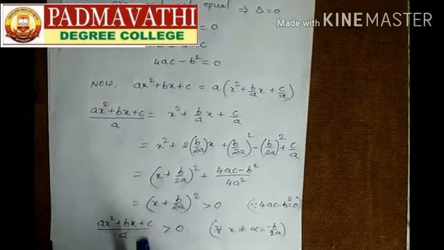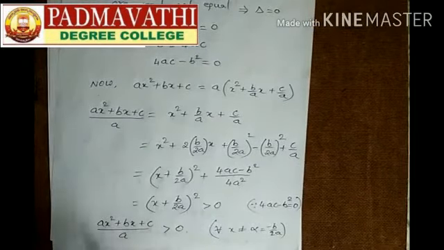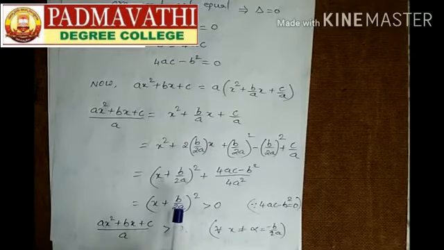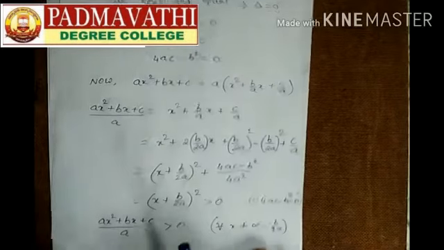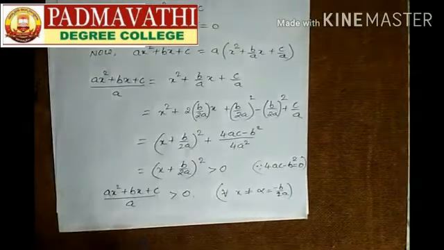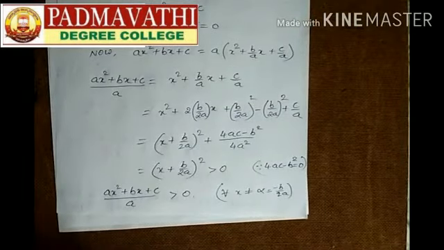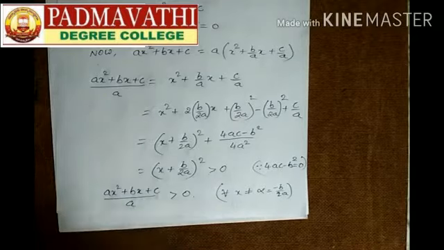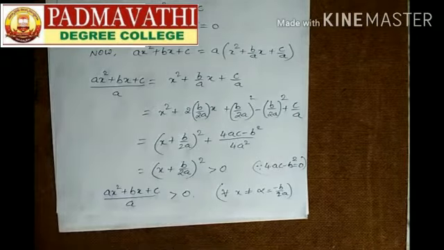Now we can write x plus b by 2a whole square is greater than 0. Why? Because only one perfect square is there, and a square is always positive. So from this we can write the expression ax square plus bx plus c by a is greater than 0 for all x belongs to real numbers except minus b by 2a.